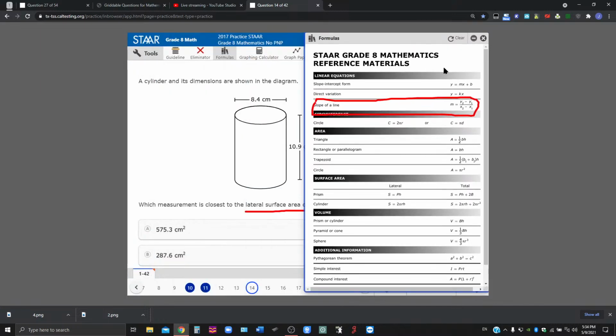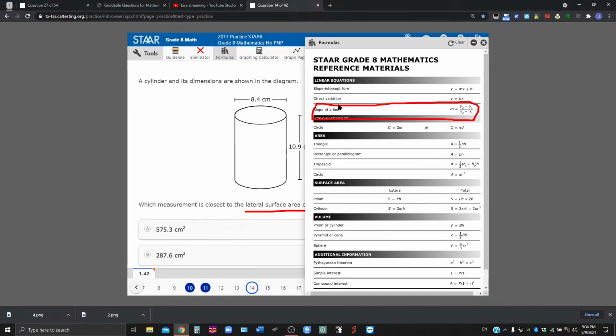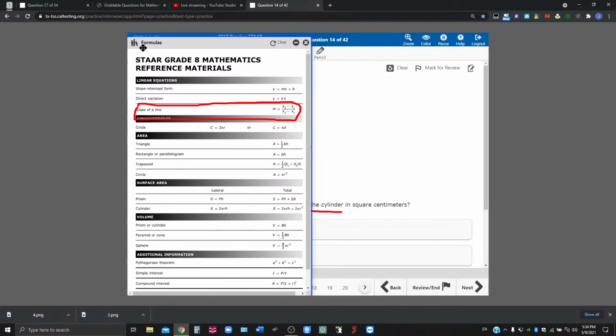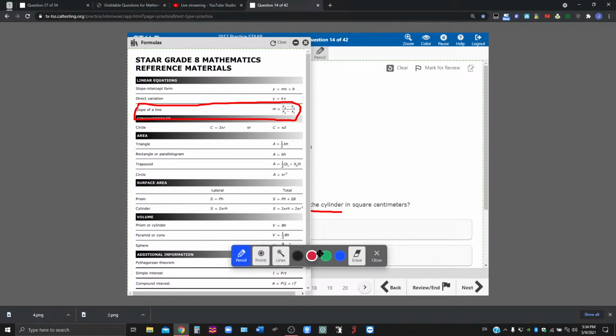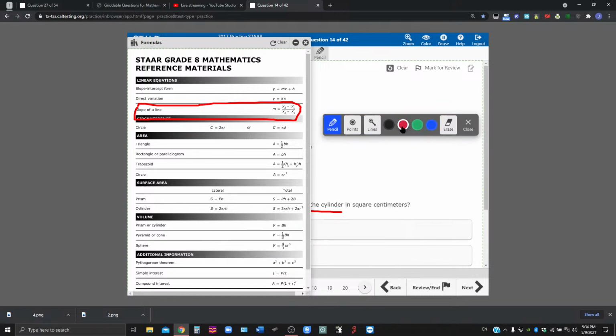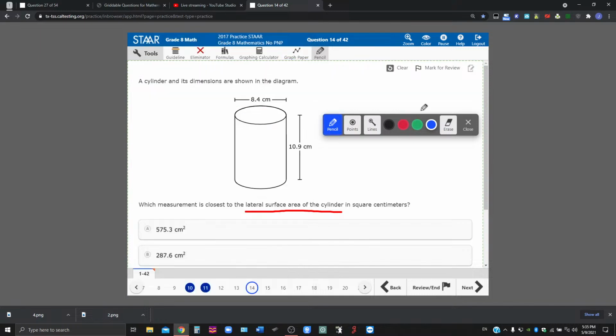Where can we find the lateral surface of a cylinder? Okay, let me open the pencil. Lateral surface, lateral, and cylinder. So the formula is S equals 2 pi r h.